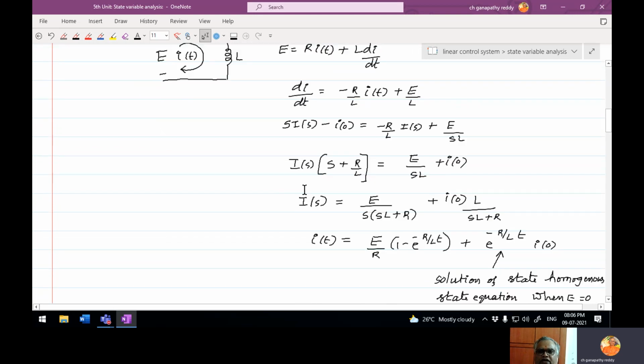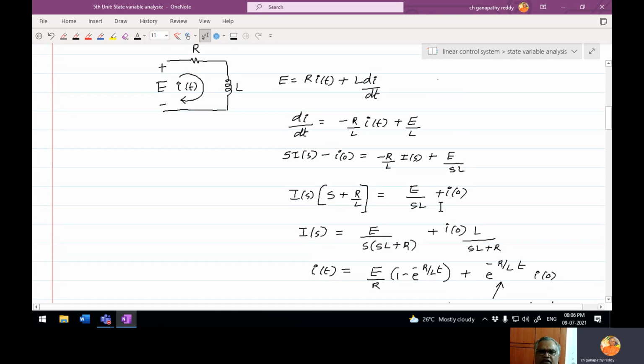To understand the meaning of state, like i of t is a function of input plus a function of initial value, the state transition equation also looks like the same thing. So I have given this example: di by dt is equal to some constant into i of t plus 1 by L into E. It looks like the same thing.